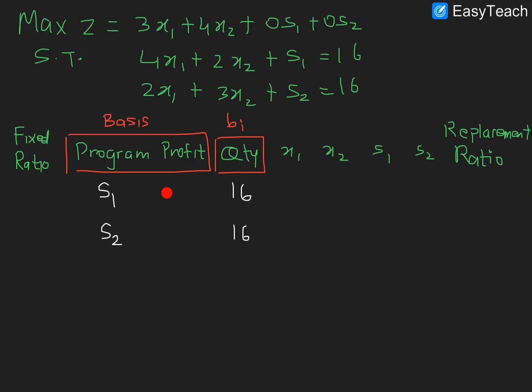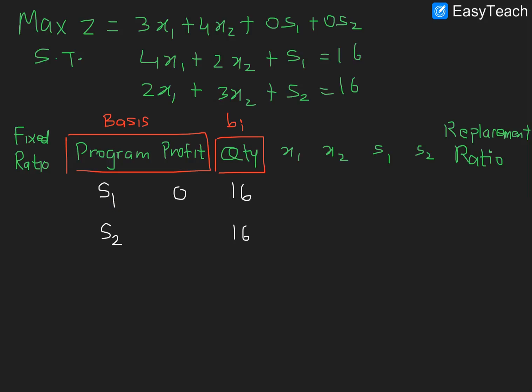Then talking about the profit for s1 and s2, can you tell me what's the profit that I'm earning right now from s1 and s2? Well, the profit is 0, because idle resources don't give you any profit.